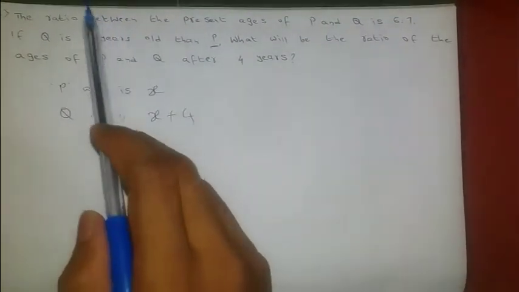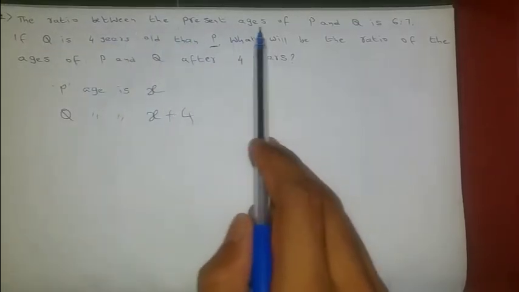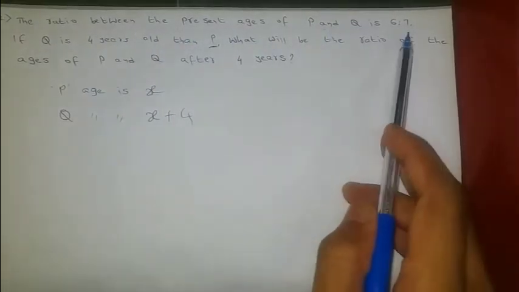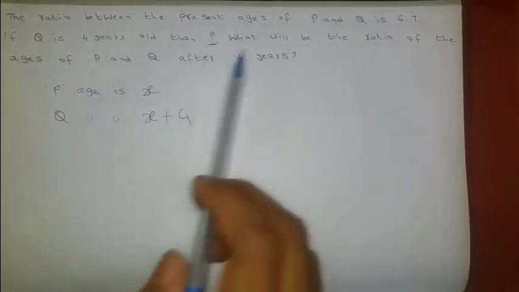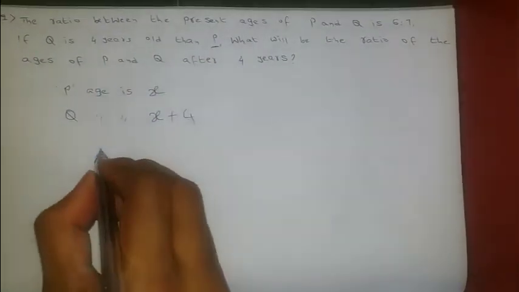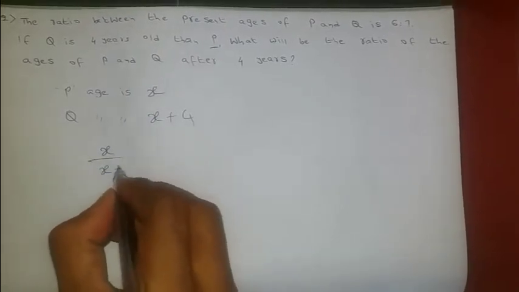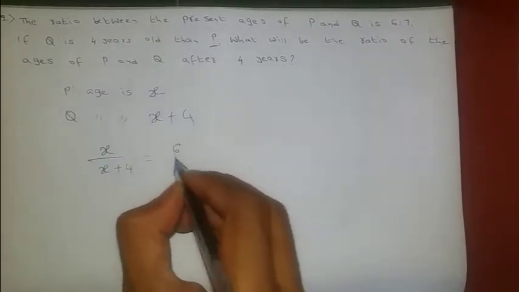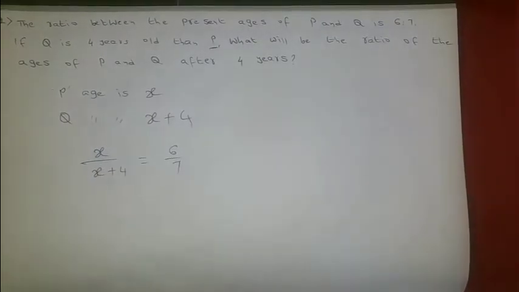Then the ratio between the present ages of P and Q is 6:7. P is the first word and Q is the second. So P by Q, x by x plus 4 equals 6 by 7.